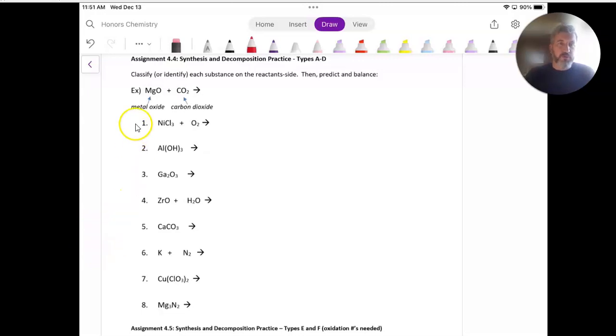So the first thing you always want to do is classify each thing, and if you don't have room to write that in there, at least do it mentally so that you can look at this and go, oh, if I have MgO plus CO2, well, MgO is an example of a metal oxide. CO2 is carbon dioxide. And the reason I ask you to do that is just to get in the habit of classifying what you have on the reactant side, because that's going to be what jogs your memory and helps you understand what to predict as products.